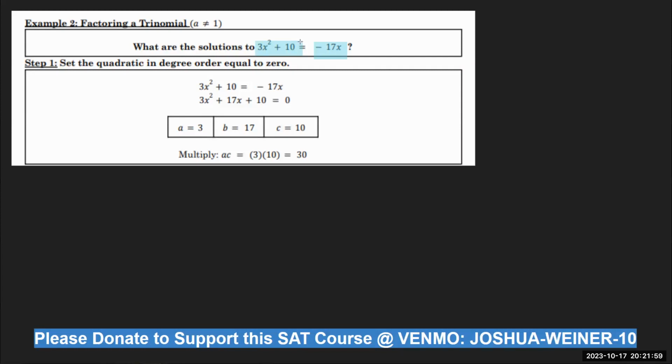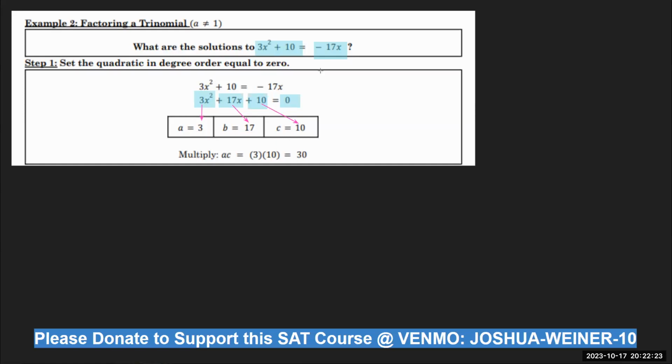So adding 17x to both sides, we have 3x squared plus 17x plus 10 equals 0. Now we have our ABCs ready to be described. 3 for x squared, 17x, and 10 is our C value. So A is 3, B is 17, and C is 10.